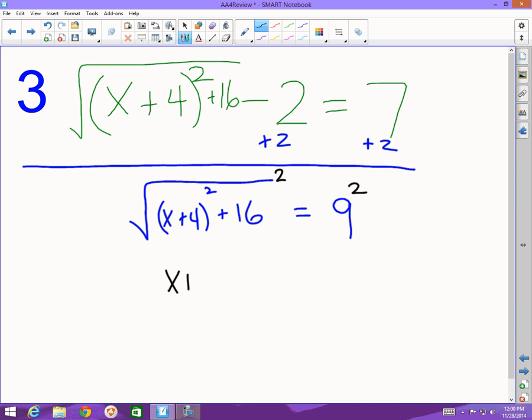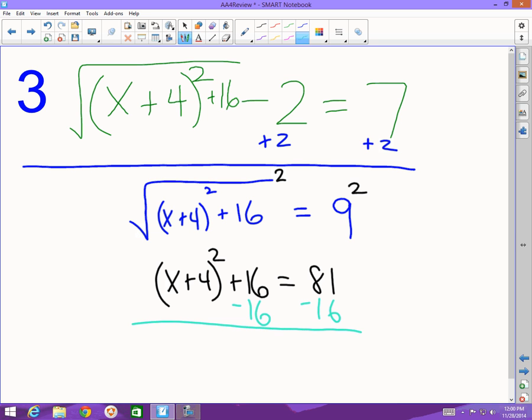So then you have x plus 4 squared plus 16 equals 81. Now we have to get rid of the 16, so we subtract it. And we have x plus 4 squared equals 65.